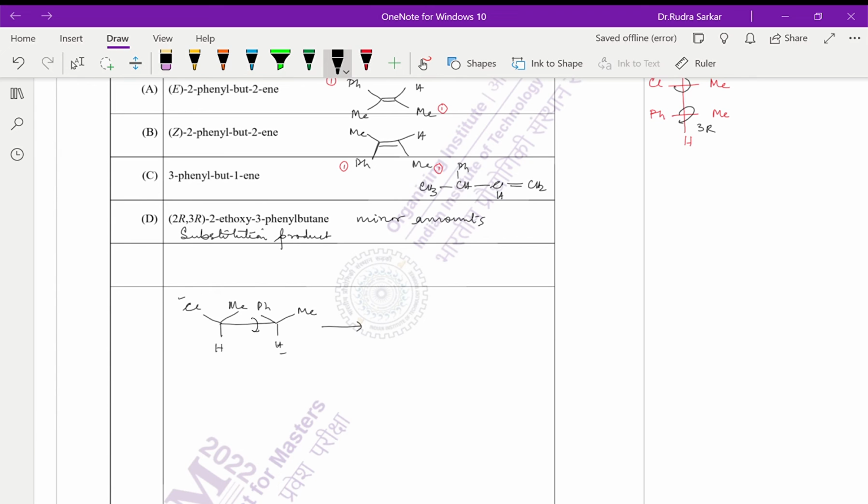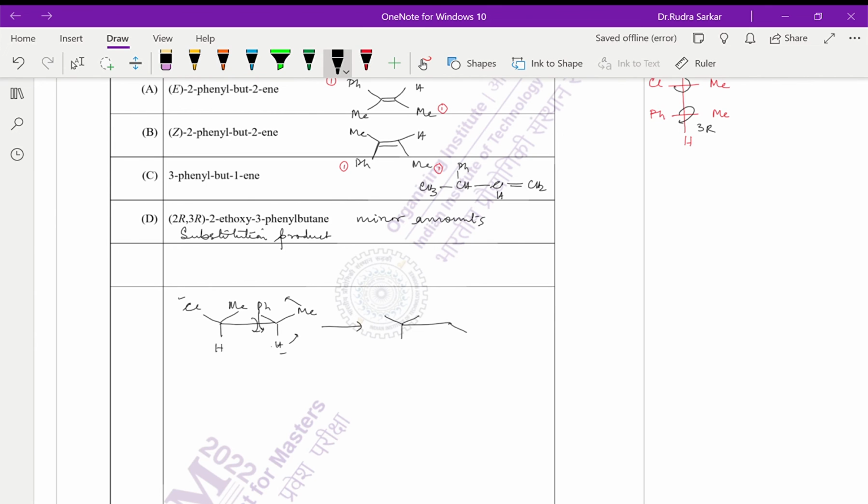So if I rotate this bond, I will have to write something like this. That means this H goes here, that Me goes here, and that Ph goes somewhere here.